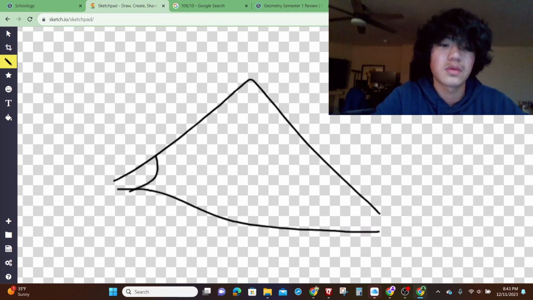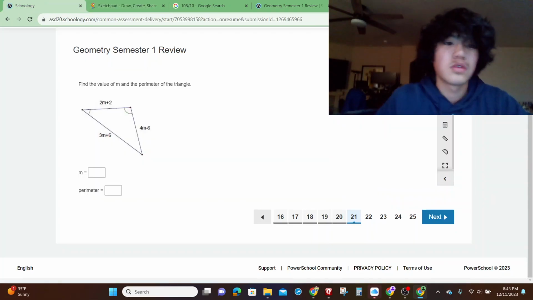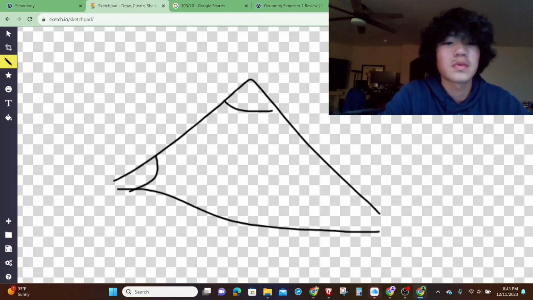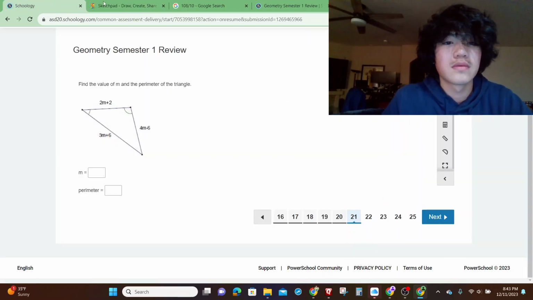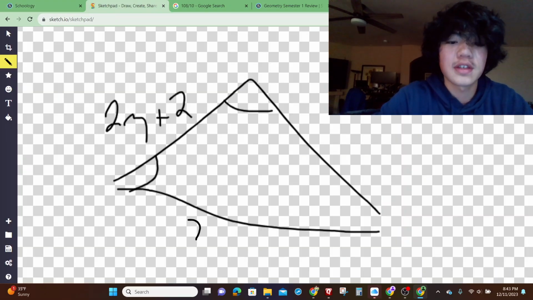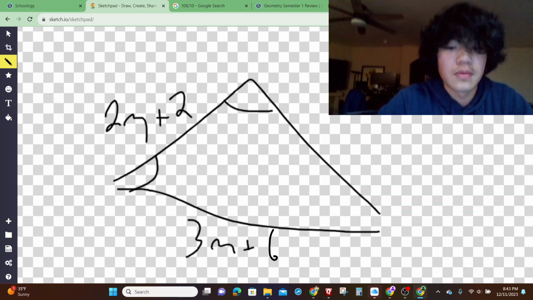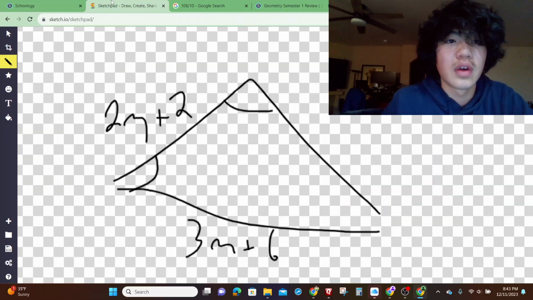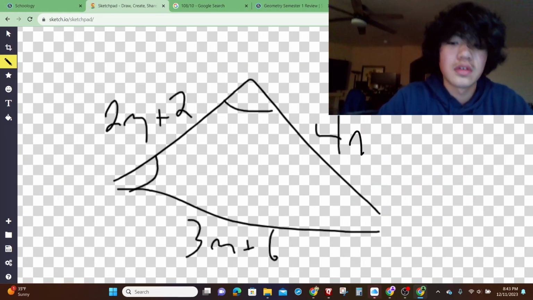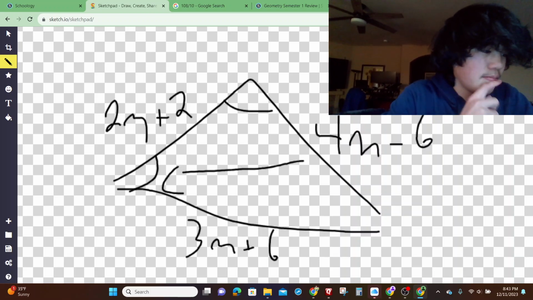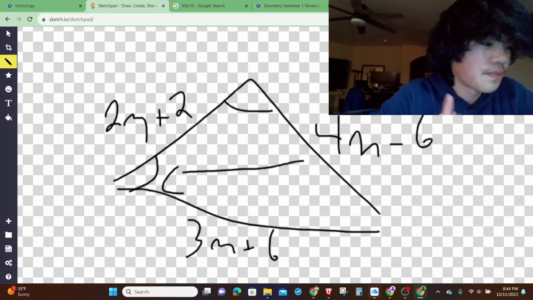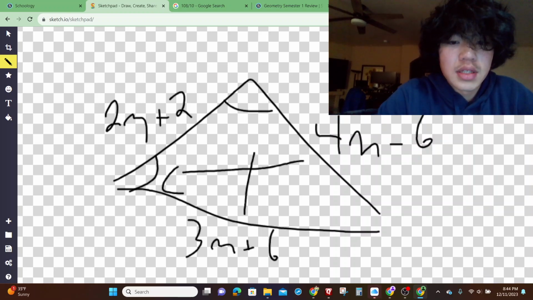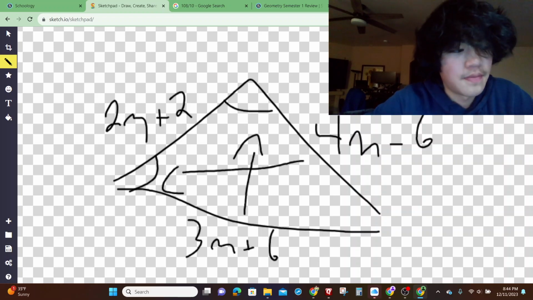Beautiful. 2n plus 2 right there. 3n plus 6 and 4n minus 6. I believe you can put 4n minus 6 right there, and you could put 3n plus 6 right there.